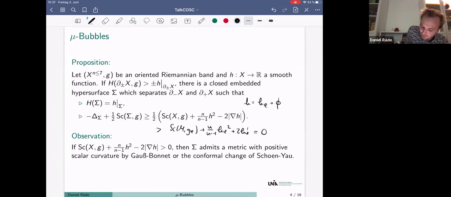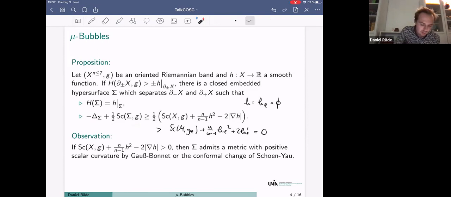And this, because of the formula for warped product, was equal to 0. And then we have what we want. This operator, Laplace plus scalar curvature, is bigger than 0.